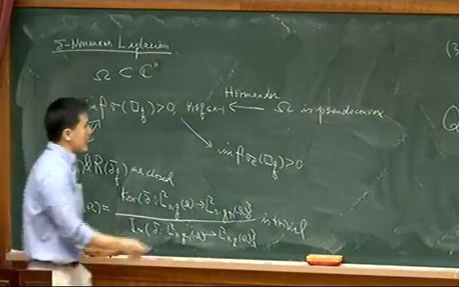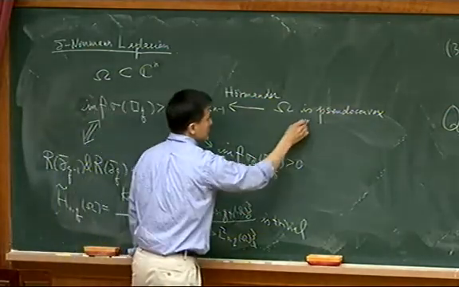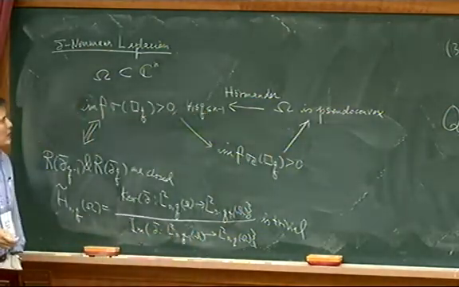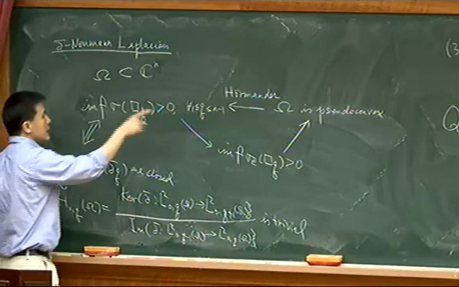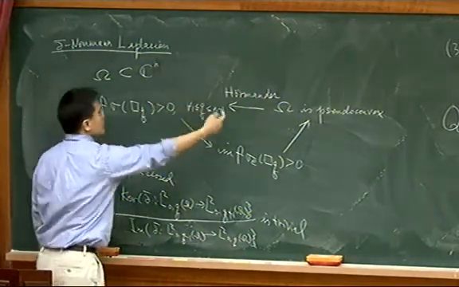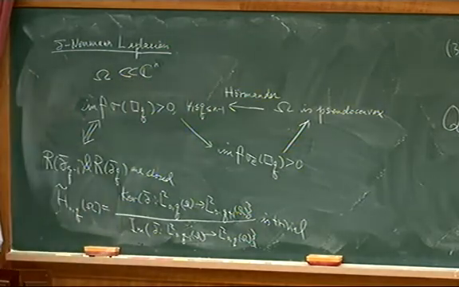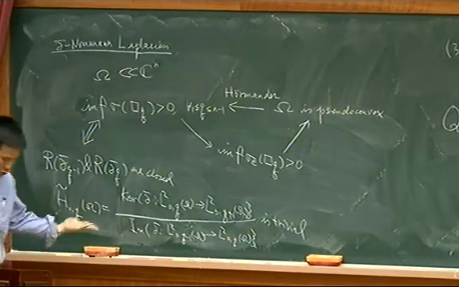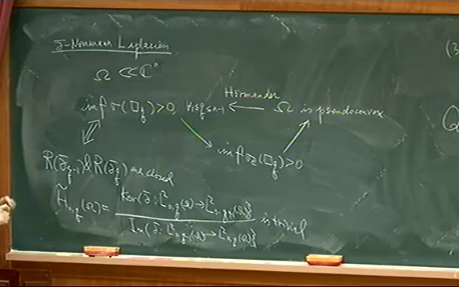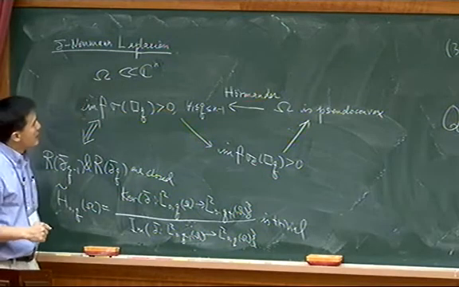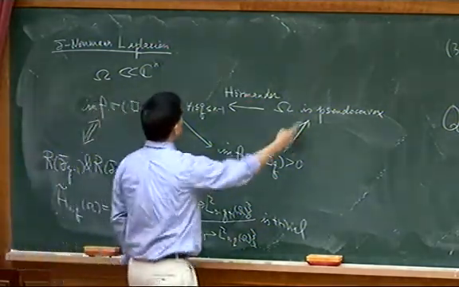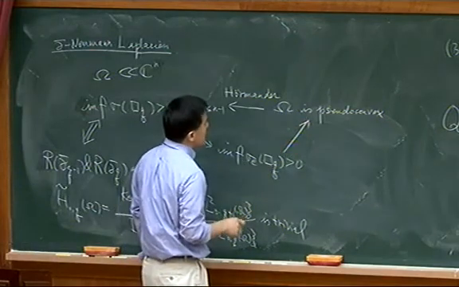And it turns out that this direction also holds. But for this to hold, you actually assume that this domain is a bounded domain. Otherwise, for an unbounded domain, the infimum of the spectrum could be 0. Now, for this direction to hold, you need to assume a certain boundary condition.